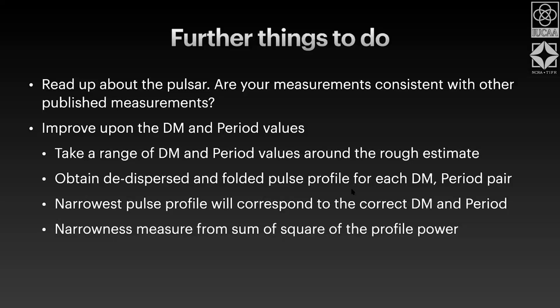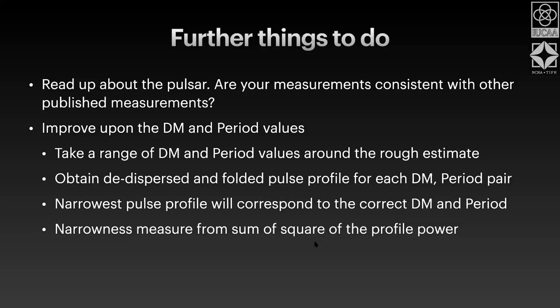So if you come up with a measure where a narrow pulse gives you a larger value than a smeared out or broader pulse, you can use that metric, go over a matrix of DM and period values, and try to figure out which particular pair of dispersion measure and period gives you the narrowest pulse profile, the final pulse profile that you get after de-dispersion and folding. And that is something that you can do at your own leisure.